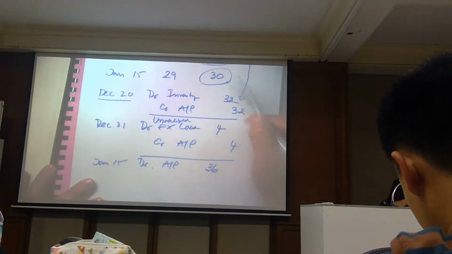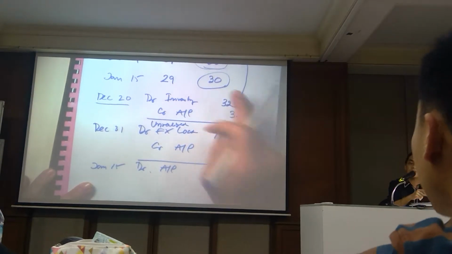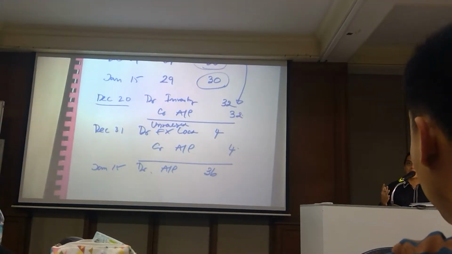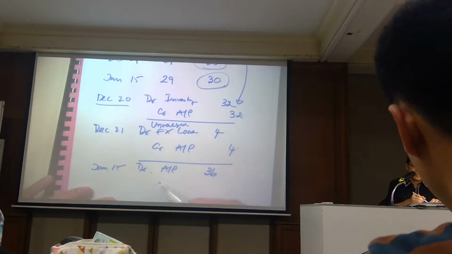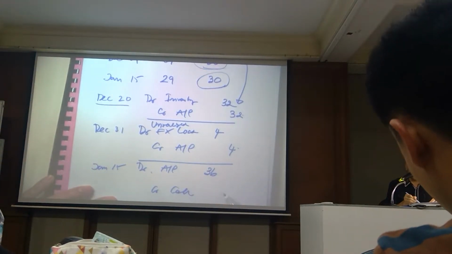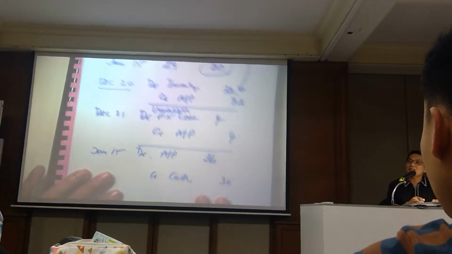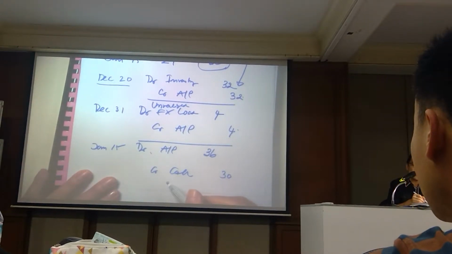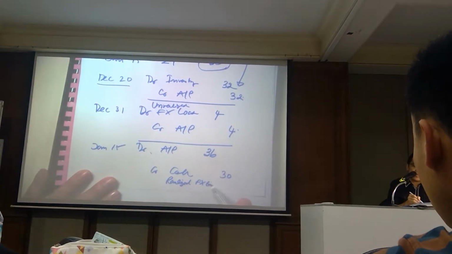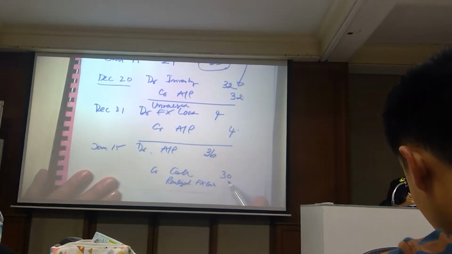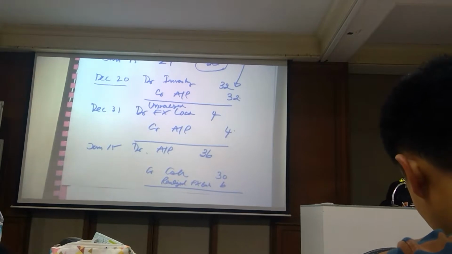But what happened? You go to the bank, I want to buy $1. Okay, you pay only 30 baht, you get $1. Credit cash out for 30. Gain or loss in this case? Gain. But now it's the realized FX gain, 6. That's the way it is.